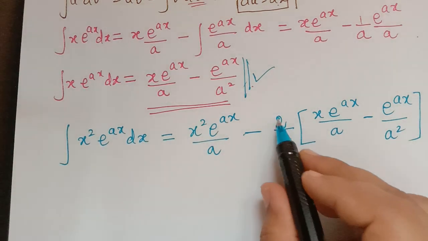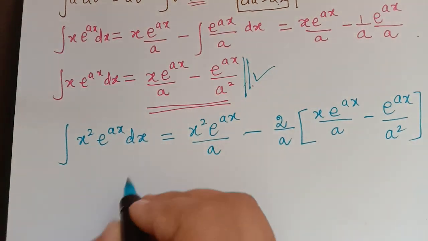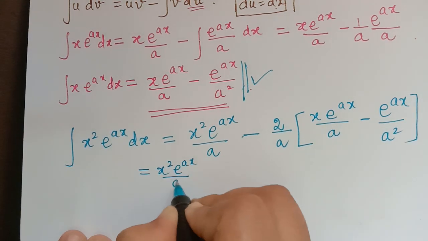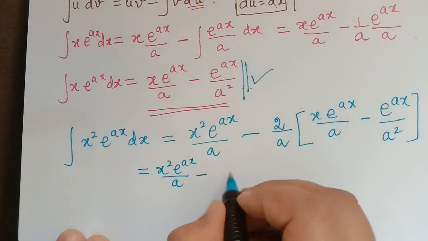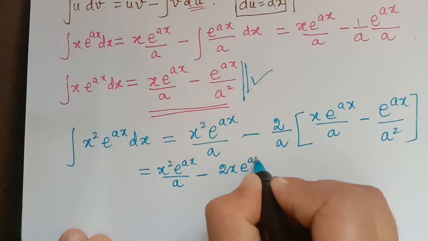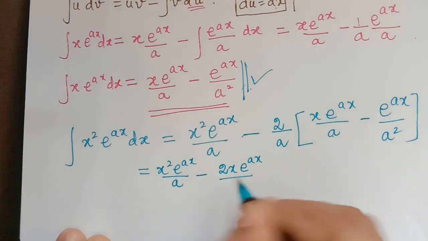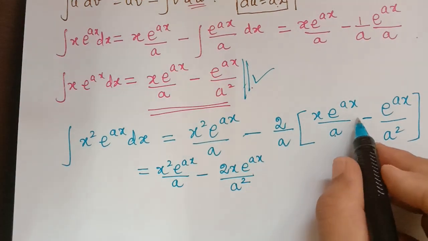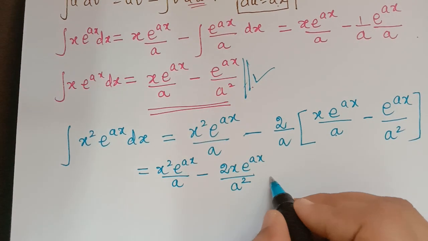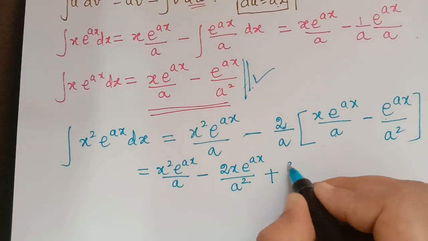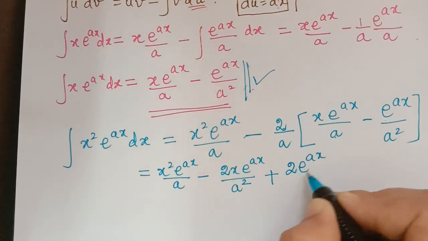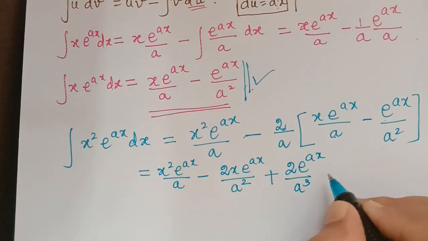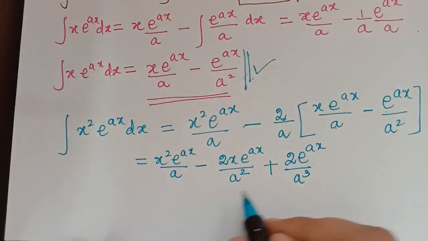So after this we will multiply this 2 by a within the bracket, and so we will be getting x square e power ax divided by a minus 2x e power ax divided by a multiplied with a is a square, and then minus into minus becomes plus. So 2 multiplied with this is 2 e power ax divided by a multiplied with a squared is a cube.